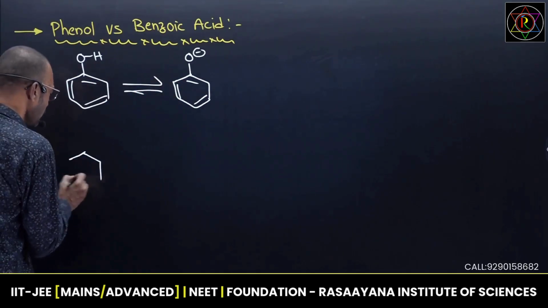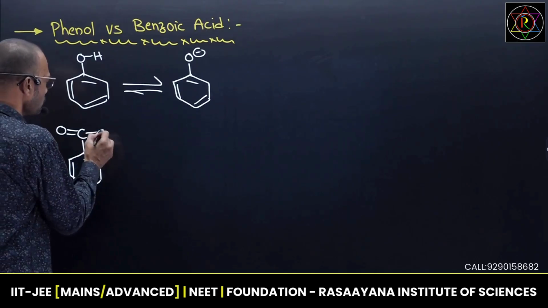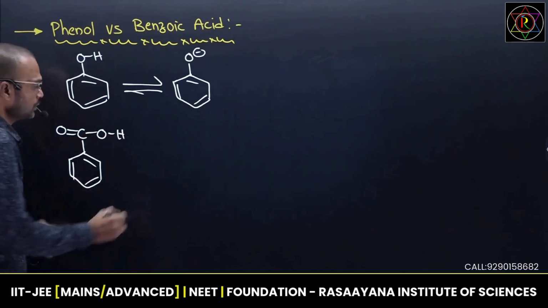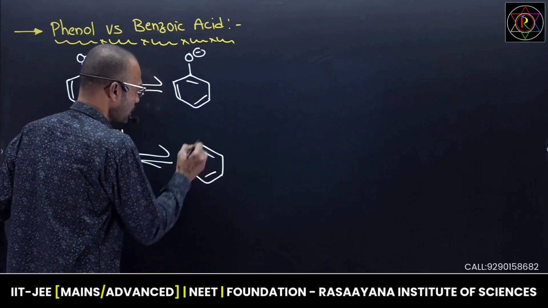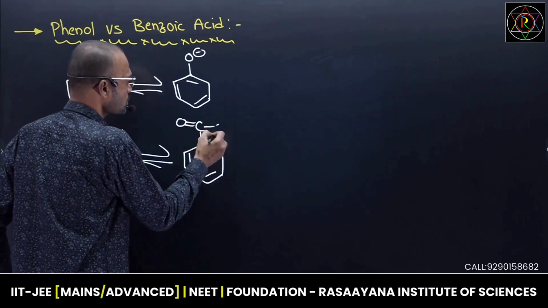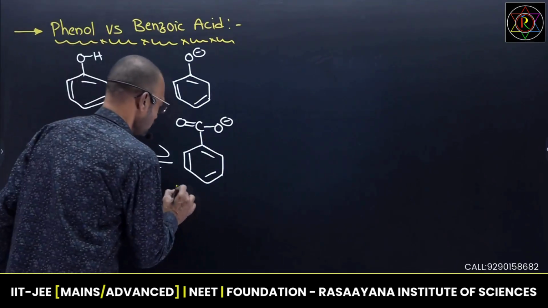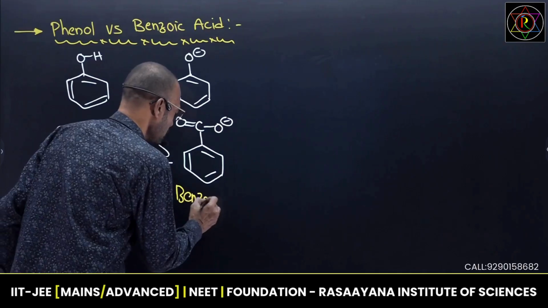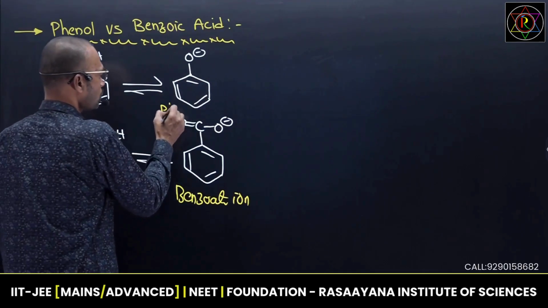And if I take benzoic acid, it carries a C double bond OH group, and it is attached to benzene directly. So during this situation, benzoic acid, after losing a proton, forms a benzoate ion. This is called benzoate ion, and this is called benzoic acid, and this is called phenoxide ion.